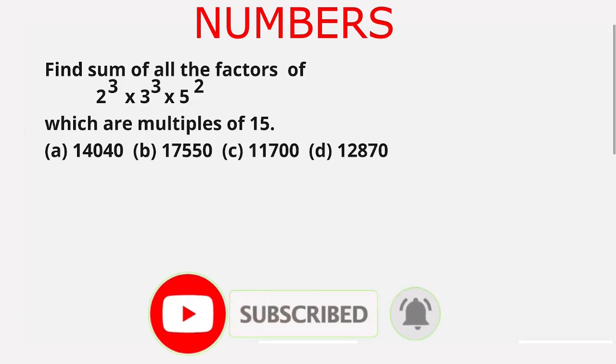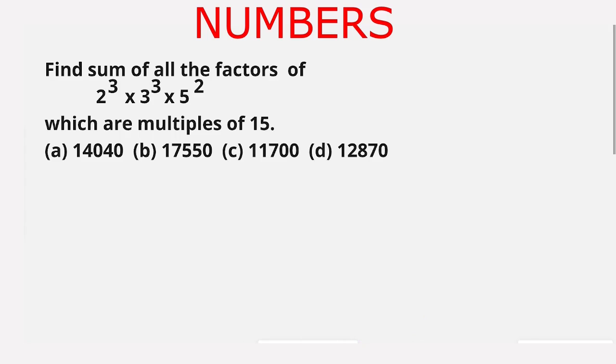We take out 15 from the given number. So we write 15 multiplied by, and 15 is 3 to the power 1 multiplied by 5 to the power 1. So we will take 1 three out of the given number and 1 five out of the given number.